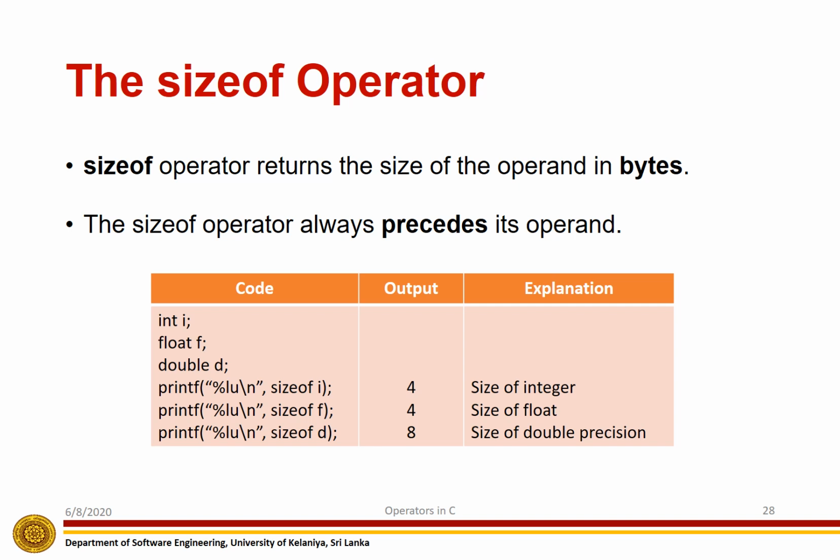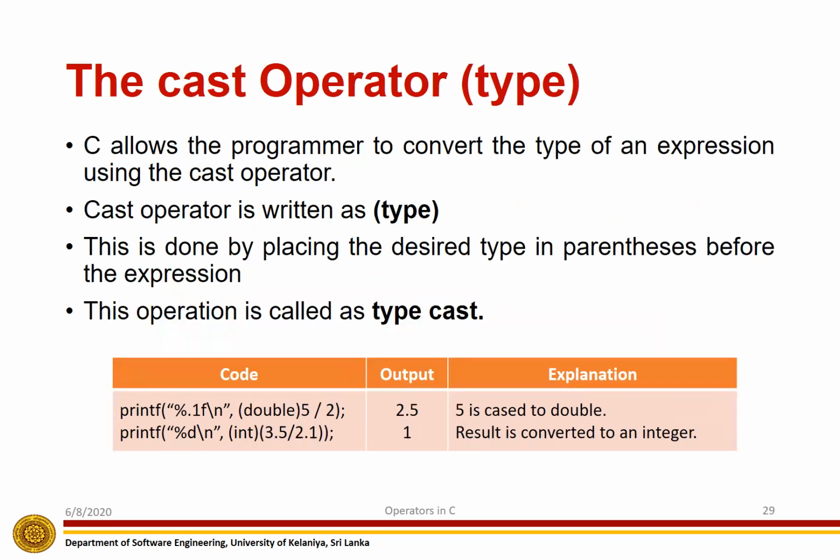If you want, you can use %d for just the integers. It doesn't matter. So the outputs came as integer size 4 bytes, float size 4 bytes and double precision size 8 bytes. Like that, we can use the sizeof operator to get the number of bytes allocated to the various types of data items.